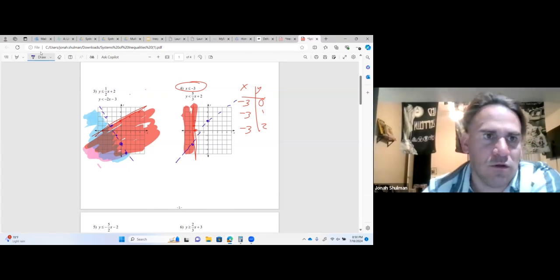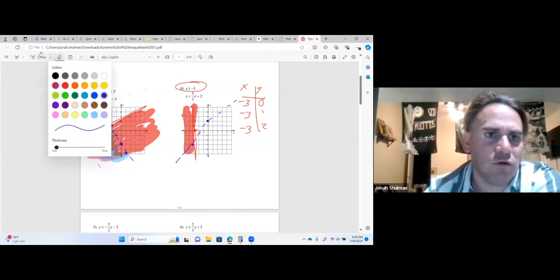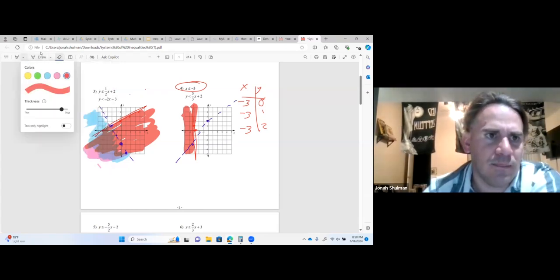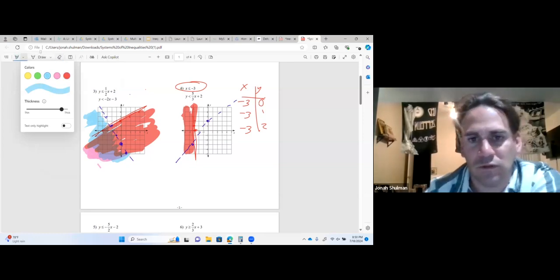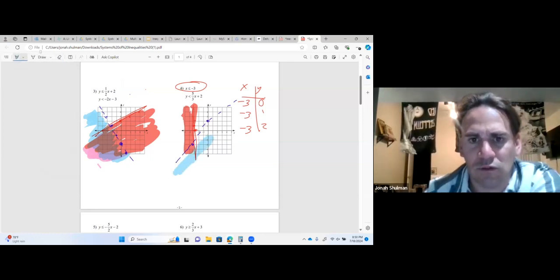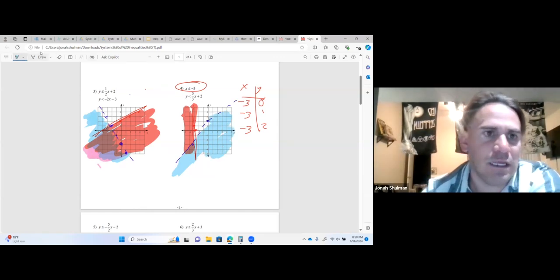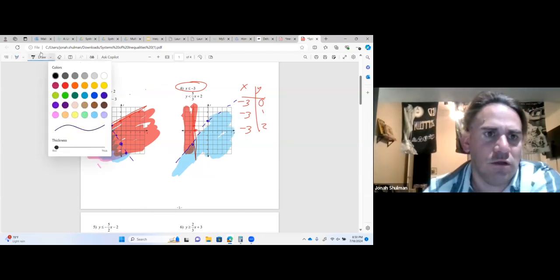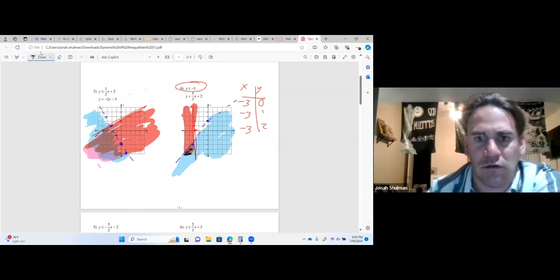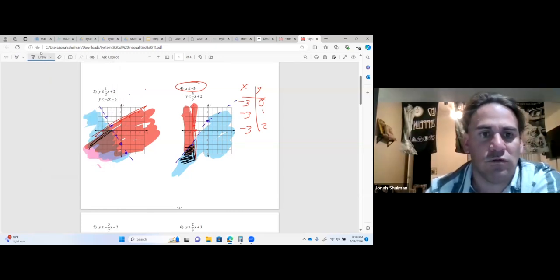Below this. So if I want everything below this line, this is why colored pencils happen. So I want everything below this line and everything to the left of this line. My answer, I'll just draw it, is right here. I always give students 3 colors when they're doing this. The answer's here.